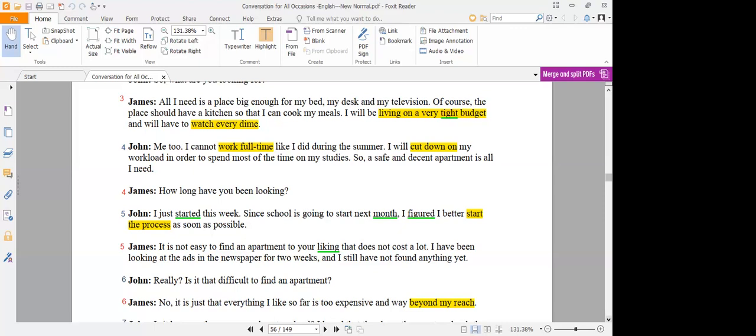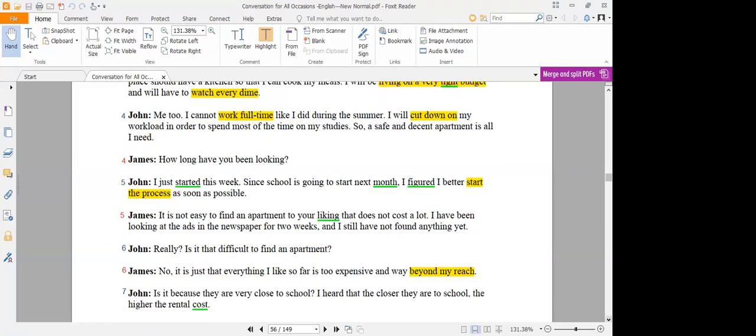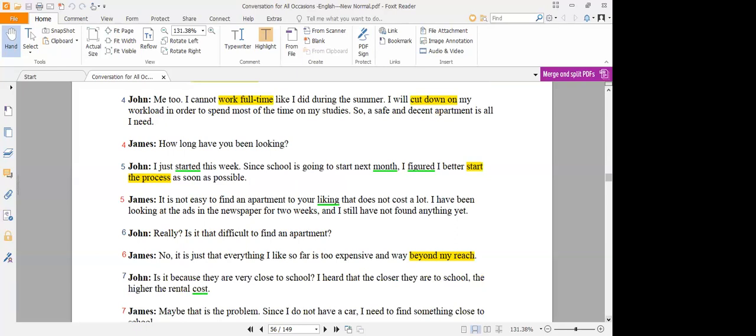How long have you been looking? I just started this week. Since school is going to start next month, I figure I better start the process as soon as possible. It's not easy to find an apartment to your liking that does not cost a lot. I've been looking at the ads in the newspaper for 2 weeks, and I still have not found anything yet. Really?